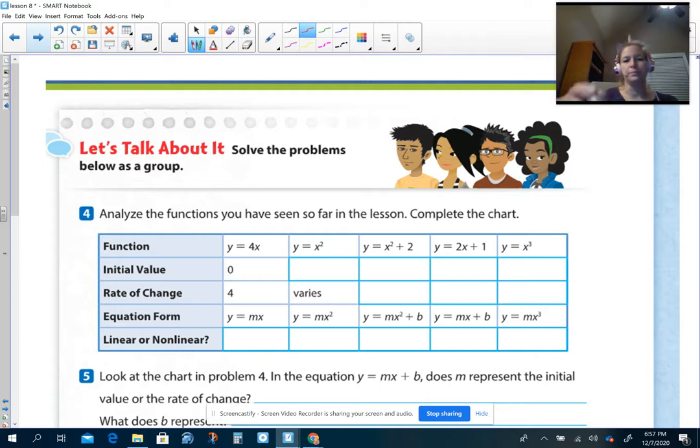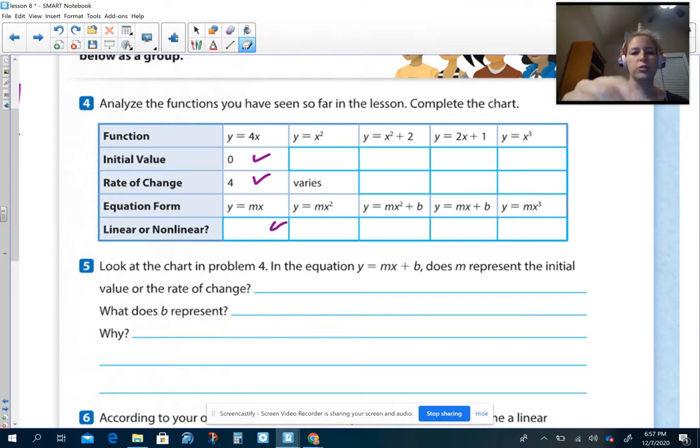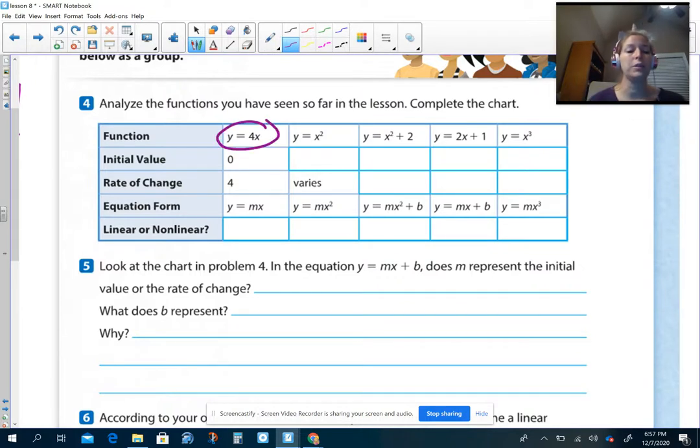Let's talk about it. I want you to pause my video and see if you can come up with the initial value, the rate of change, and whether it is linear or nonlinear, okay? So look, we'll do the first one together. First one, I get y equals 4x. So I have no initial value, so it's 0, because it'd be the same thing if we went +0.